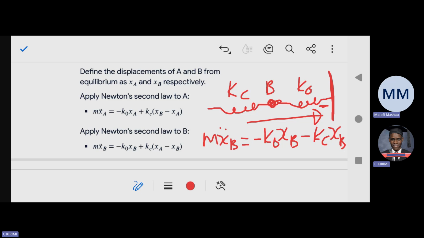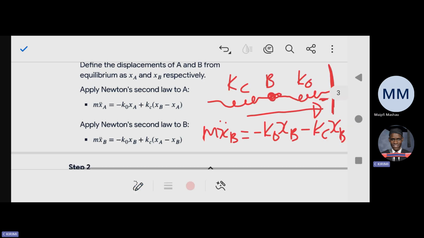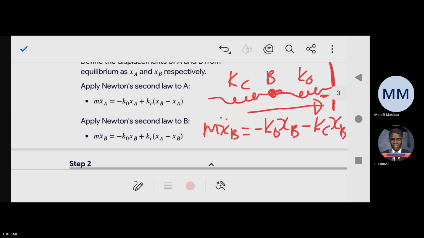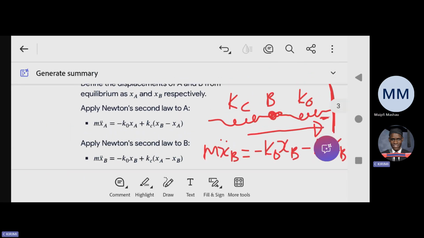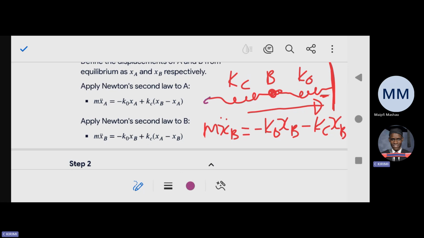Then we introduce a mass. Which mass did we introduce? We introduced a mass A. So we are going to put a mass A, which is here, this one. That is the mass A that we have introduced. So how does our equation change? A is connected this side, so it's going to pull toward this side, which is the opposite. What is the opposite of negative?